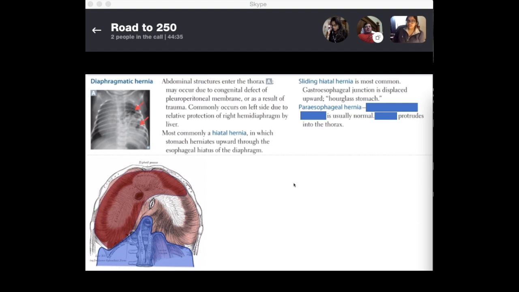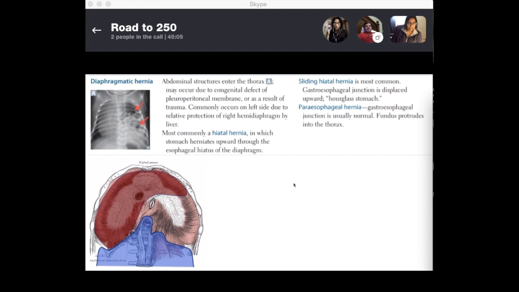And then we also have the paraesophageal hernia, where something is normal and something else protrudes into the thorax. I know the fundus protrudes into the thorax. Yes. The GE junction is one of it? Correct. So here the GE junction is going to stay where it is, and it's usually the fundus that protrudes into the thorax.